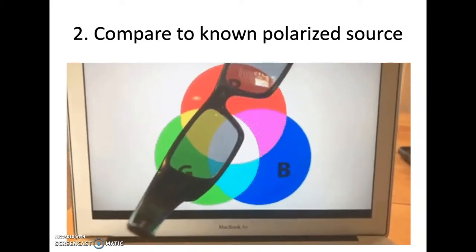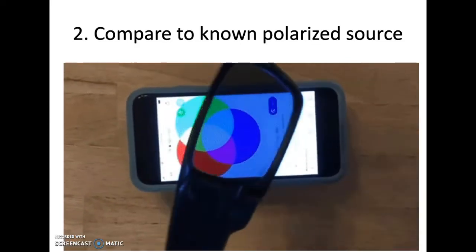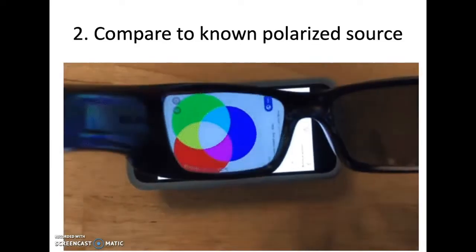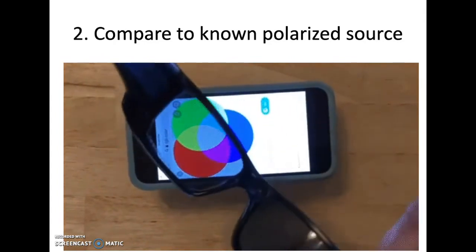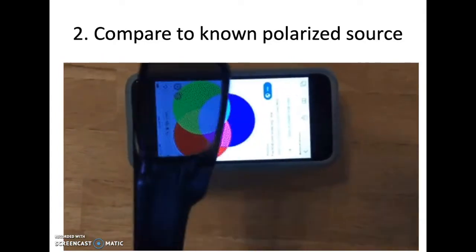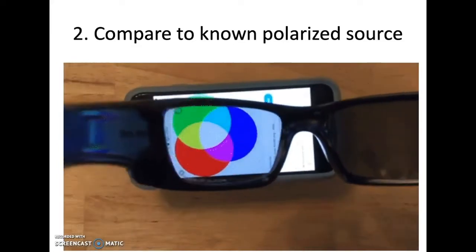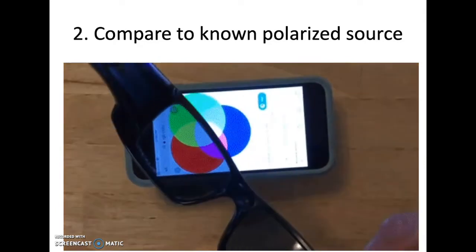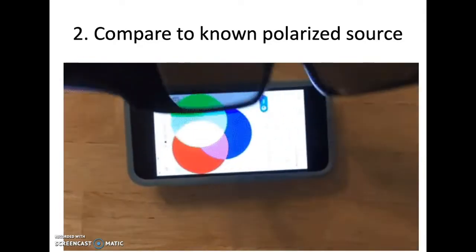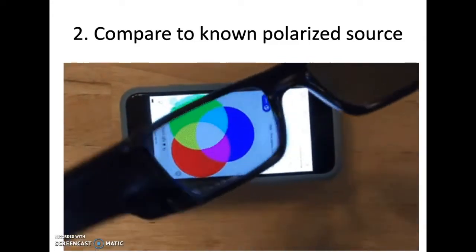Now, that's with the MacBook, but different types of screens, like the iPhone or iPad, work a little differently. So what you'll notice in this one is with an iPad, the color never completely goes away, but it does change. That slight color change from the polarized filter shows that this must be a polarized pair of sunglasses.